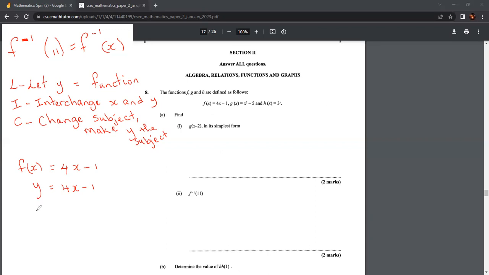So wherever I have y, I'll put x, and wherever I have x, I'll put y. And then my last step is I want to change the subject where I'm going to make y the subject of the formula. And in order to do so, I'm going to carry everything else across the equal sign. As you cross the equal sign, you perform the opposite operation. Right, so I want to get y alone. This 4 was multiplying, so when it goes across, it's going to become dividing.